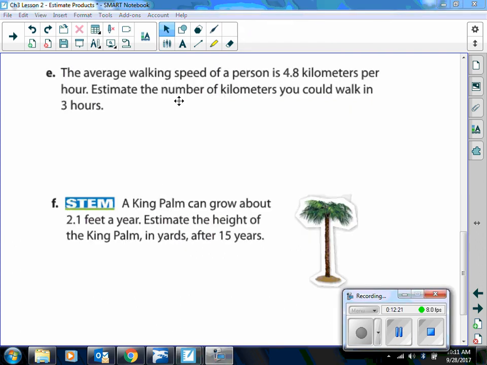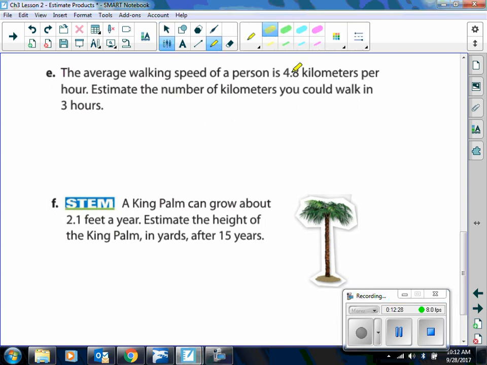All right. The average walking speed of a person is 4.8 kilometers per hour. Make sure you write down the originals here. So 4.8 kilometers per hour. We want to estimate the number of kilometers that you could walk in 3 hours. Okay? So we're rounding 4.8 to the greatest place value, which is the ones place, right?